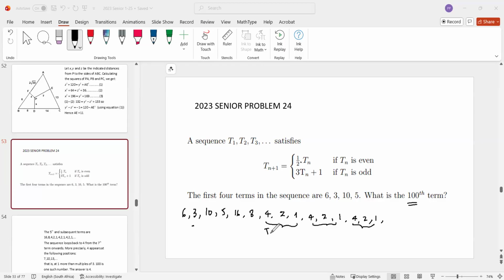This is T7, T8, T9, T10, T11, T12, T13, T14, T15. But I just want to see, you see, I got 7, 8, 9, and you got 10, 11, 12. So let's just isolate the multiples of 3. So you got T9 is 1.